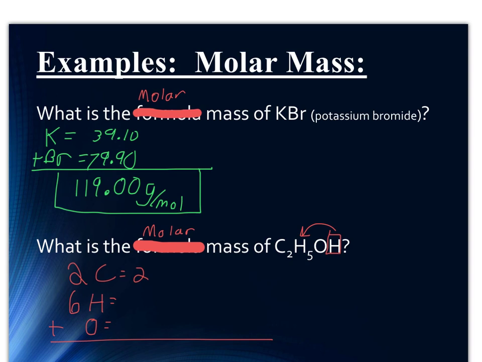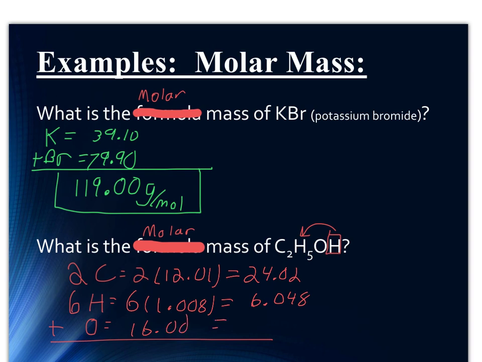The mass of carbon is 12.01, times 2 is 24.02. 6 times the mass of hydrogen, which is 1.008, gives me 6.048. And the mass of oxygen is 16.00. There's only one of them, so I'm just going to move that 16.00 over.